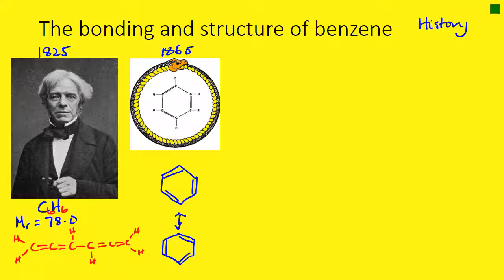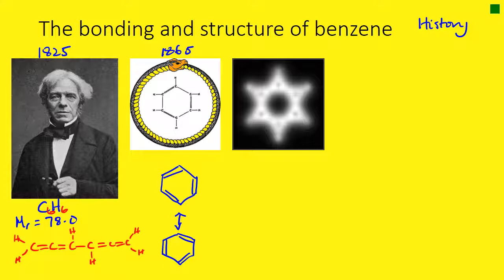Then in 1922, Kathleen Lonsdale got her X-ray diffraction machine out and put benzene through it, and got a diffraction pattern like this. Let me just draw on it, and you can see that these marks here are the carbon atoms. I'm just going to circle where the carbon atoms are. These are the hydrogens. Let me circle the hydrogens.